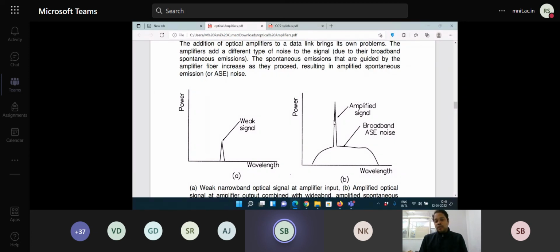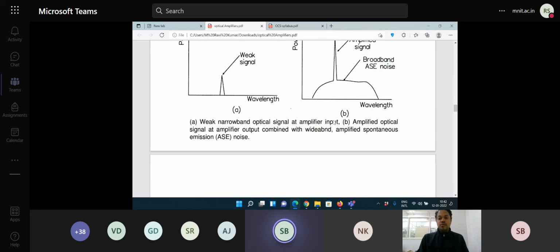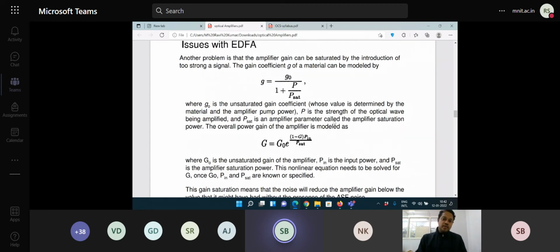From 100 microwatts, it will go to maybe 5 milliwatts or 10 milliwatts. It may not go to a desired level of 30 times or 20 times. Sorry, it may not be multiplied by a factor of 1000, and the multiplication factor may be reduced. So this type of saturation is also possible in EDFA.